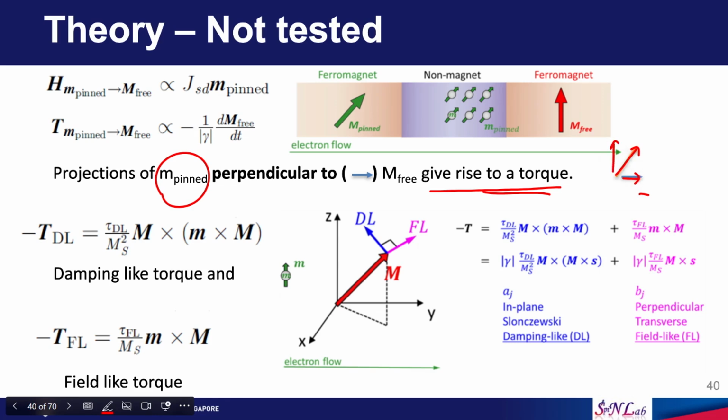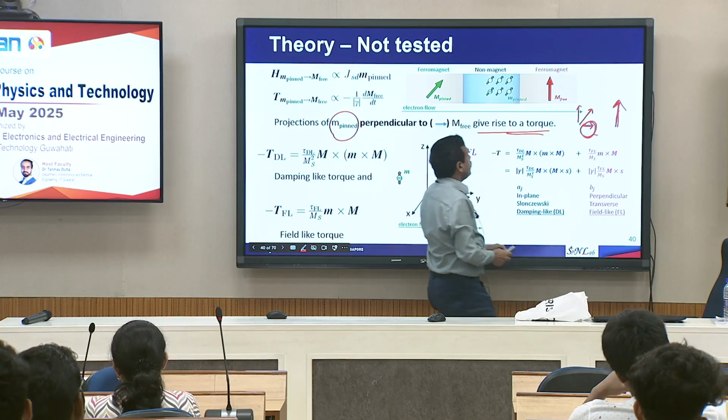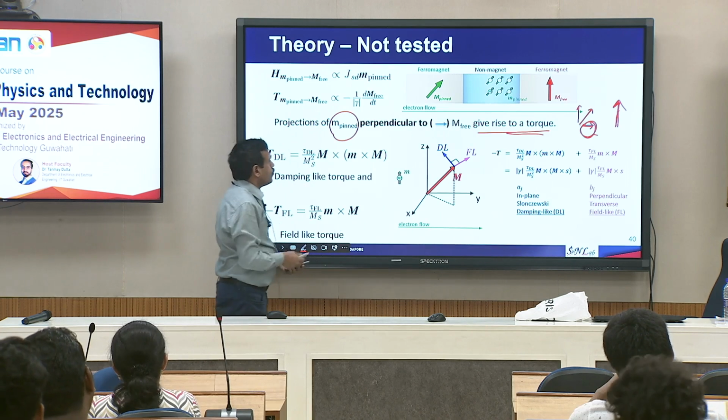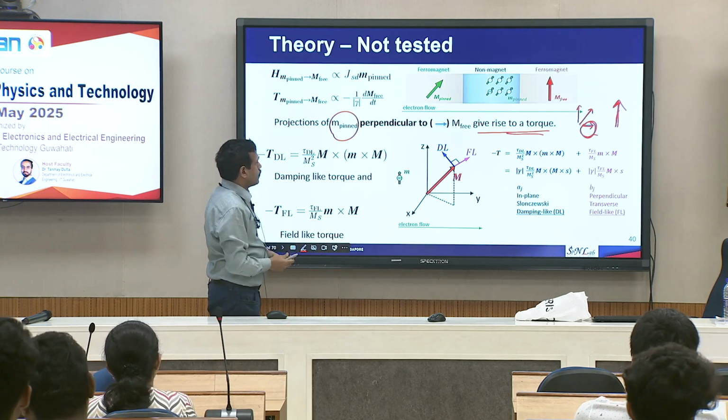Only this component which is perpendicular to the magnetization will cause torque. When many electrons go to the other side, this component keeps exerting a torque on the magnetization. So, these two should be perpendicular. Only the perpendicular component causes the torque.